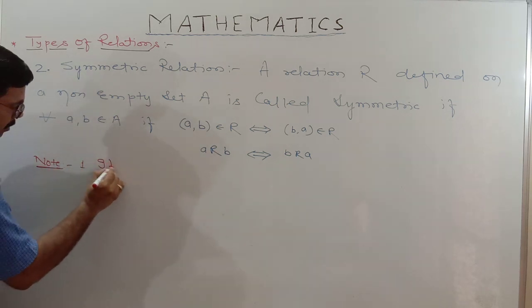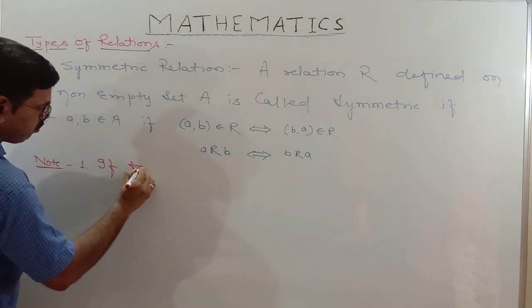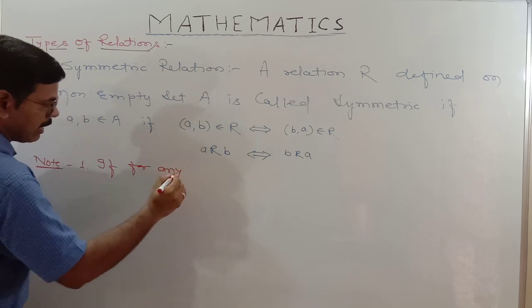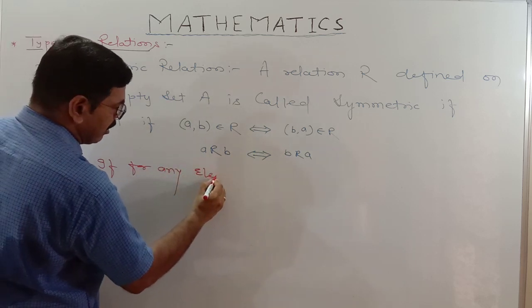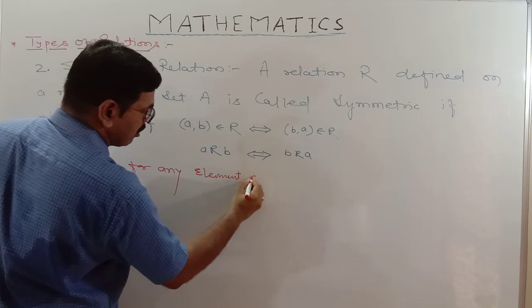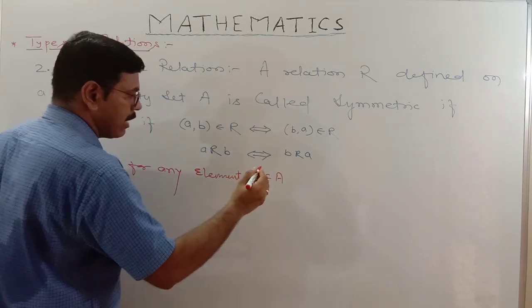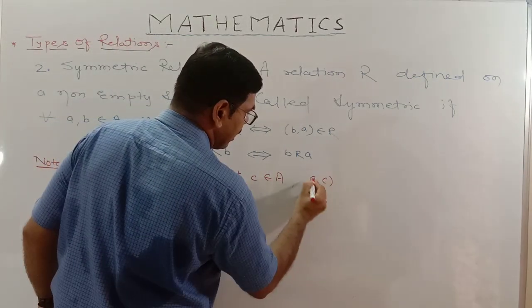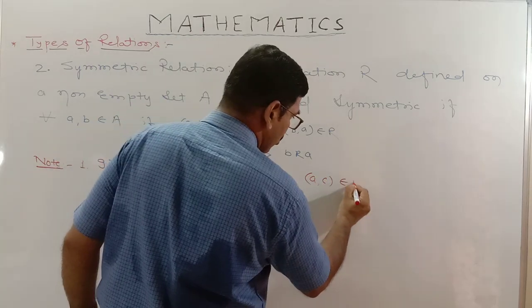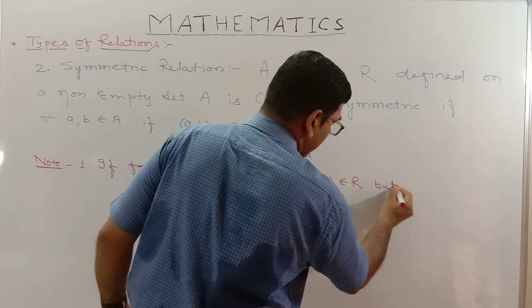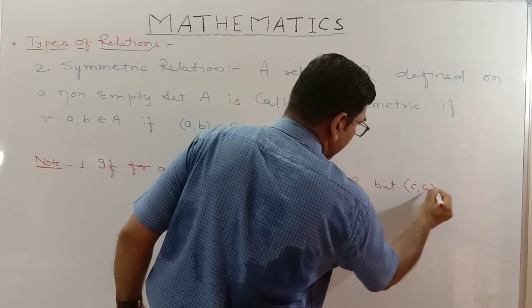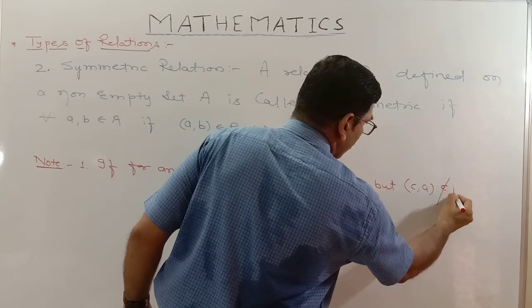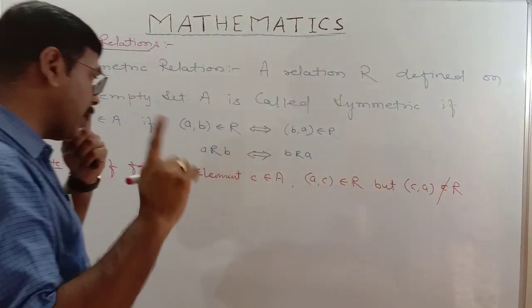If for any element c belongs to A, (a,c) belongs to R but (c,a) does not belong to R for any one element.